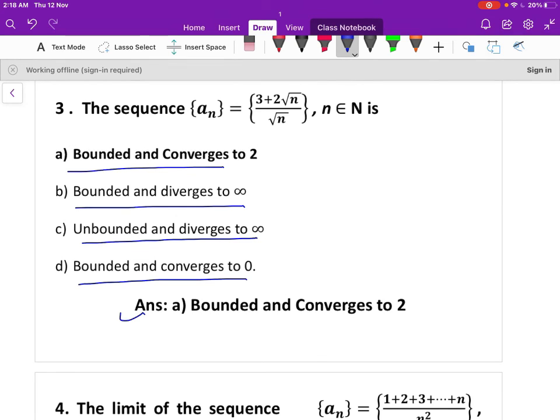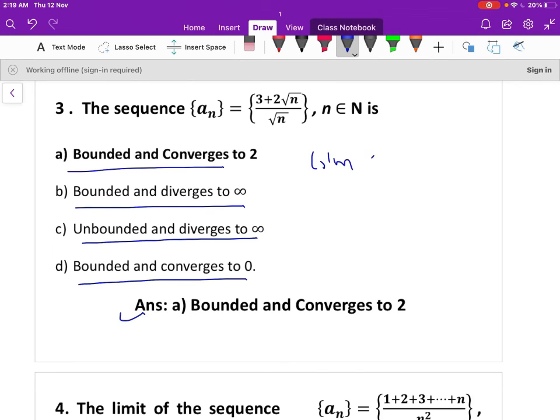Here the answer is A. By the properties of convergent sequences, every convergent sequence is bounded, and it is a bounded sequence, and moreover it converges to 2.